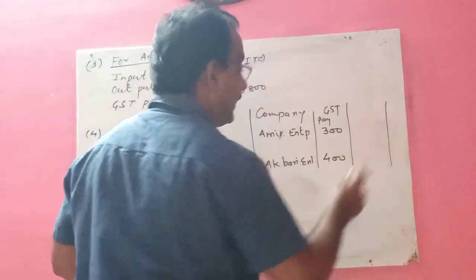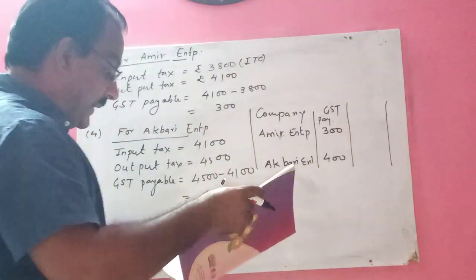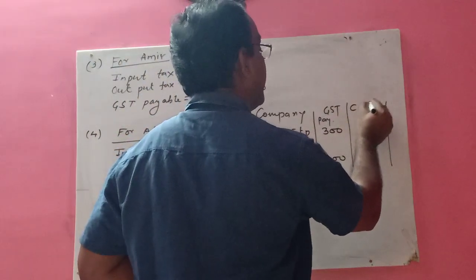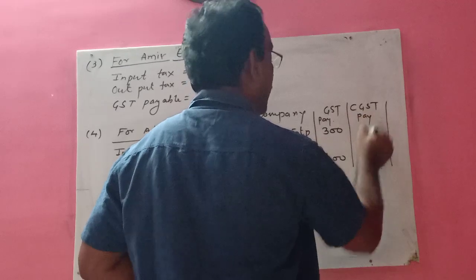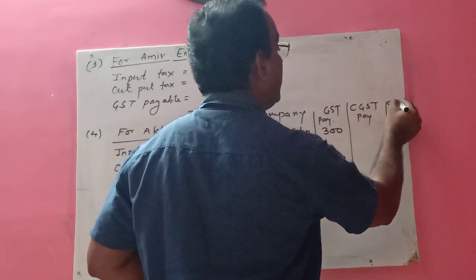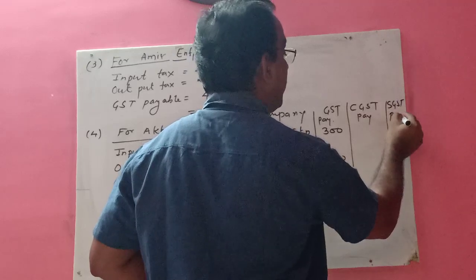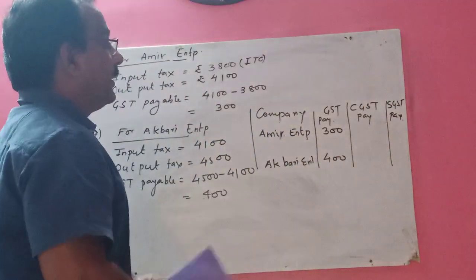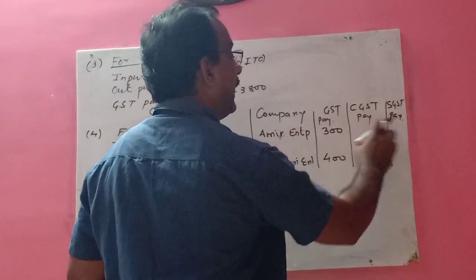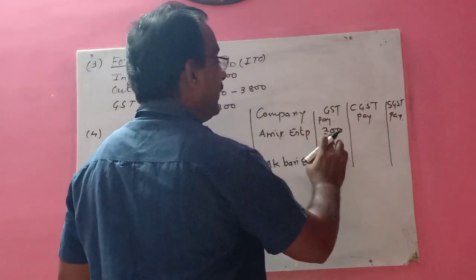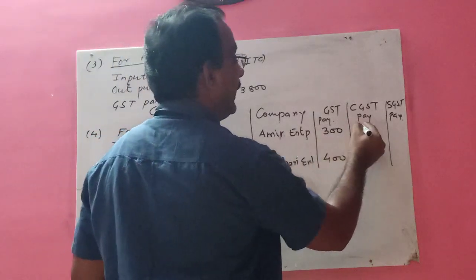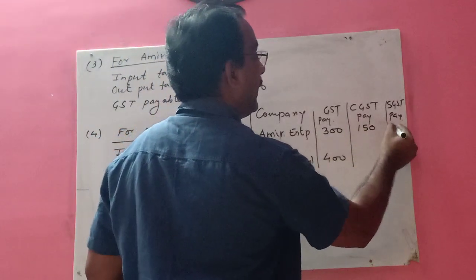Next you should write here CGST payable, and also you write SGST payable. Got it, children? Now we know that these two are always equal, and each one is half of the GST. So half of 300 is 150 and 150.